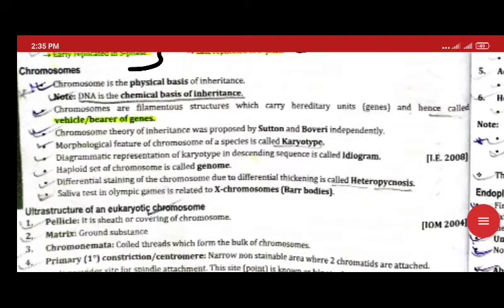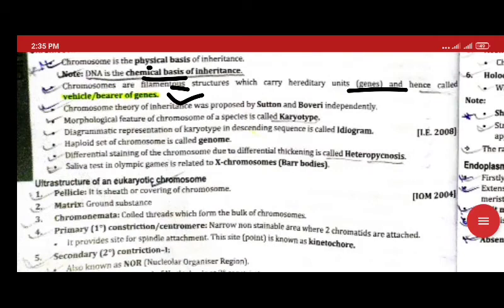Now chromosomes is called the physical basis of inheritance, DNA the chemical basis of inheritance, and chromosome. Chromosomes are filamentous structures where genes are carried, and they are the vehicles of heredity.